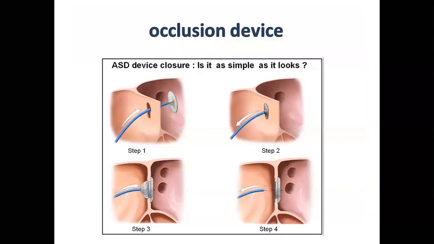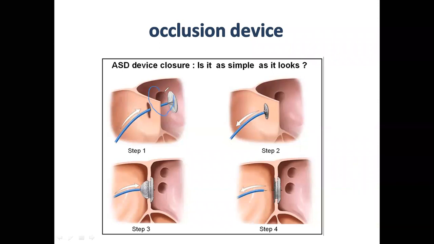So moving on to the occlusion device. The occlusion device is introduced via cardiac catheterization. It is used directly only for the ostium secundum cases, the middle one. The occlusion device will be carried at the tip of the catheter after entering inside the defect, where the device will be inflated.